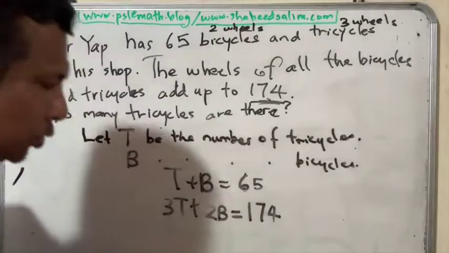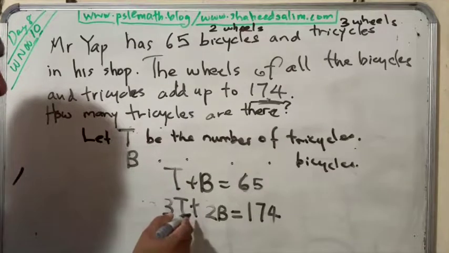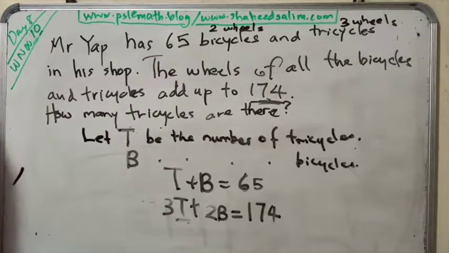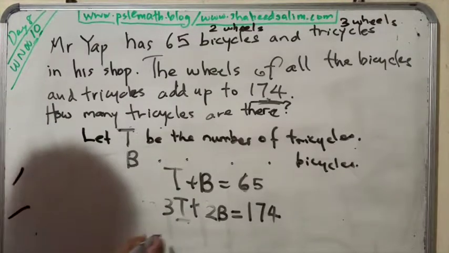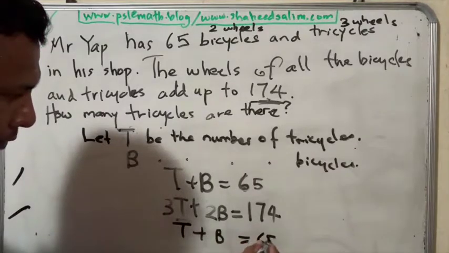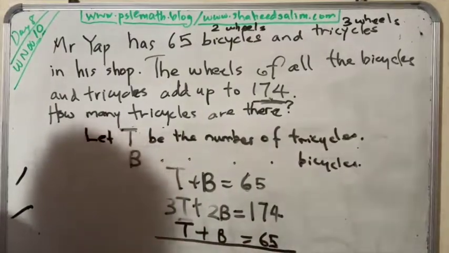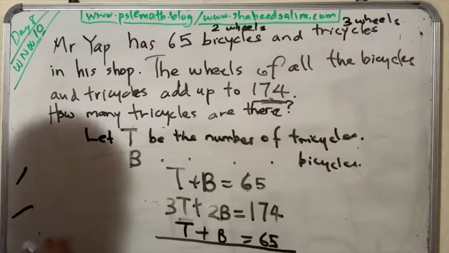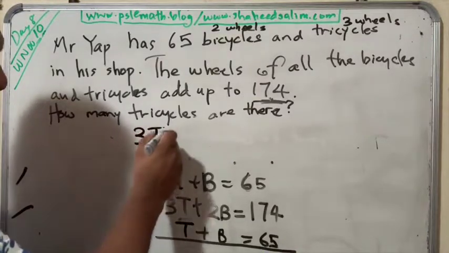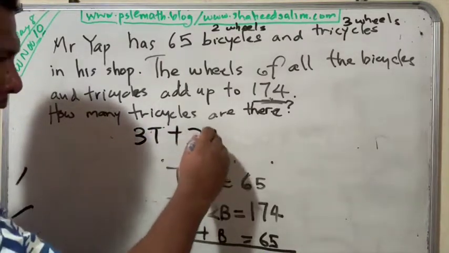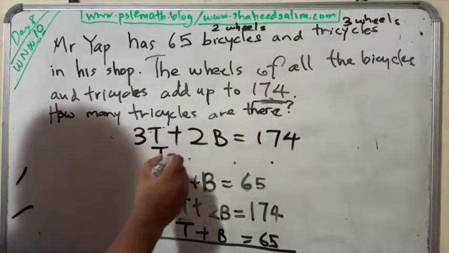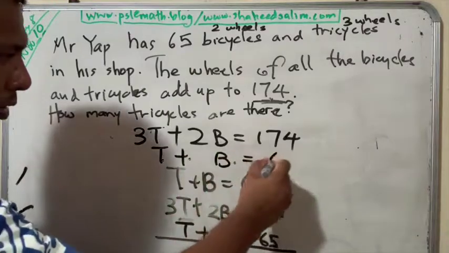I'm going to use the primary school style, okay? I'm going to write this below here. t plus b equals 65. Can you see? Okay, I'm going to write it above here then. 3t plus 2b equals 174. t plus b equals 65.